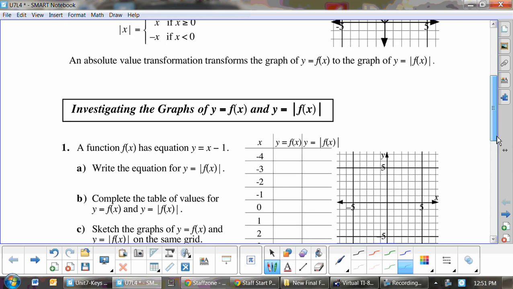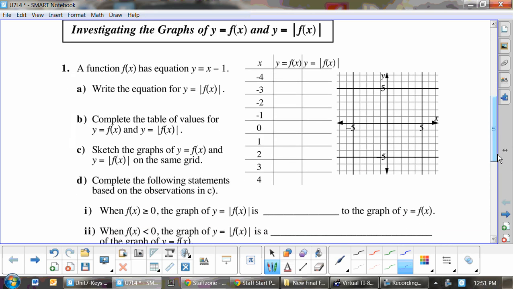Okay, so if we go down to this, we're going to start by graphing. So in your y1, I just want x minus 1. And then in y2, I want the absolute value of x minus 1. Okay? And maybe make one of them a big fat line so that we can see the difference between the two.